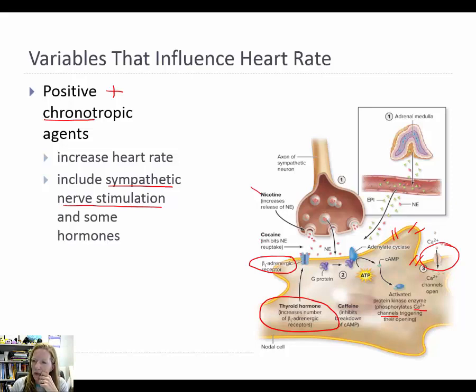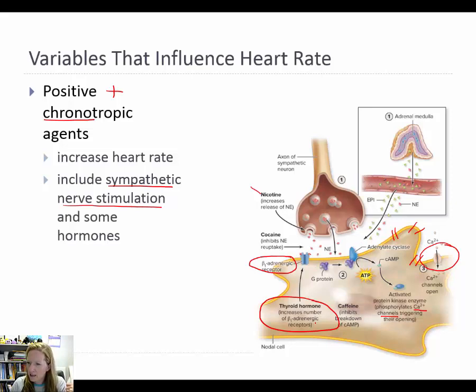Cocaine is going to inhibit norepinephrine reuptake. So remember, one way to get rid of these neurotransmitters is for the synaptic knob to suck it back in. So cocaine makes sure that norepinephrine is not sucked back in. It stays in the synaptic cleft for longer, which means it can go in and stimulate these receptors more often. So that's how it's going to work.